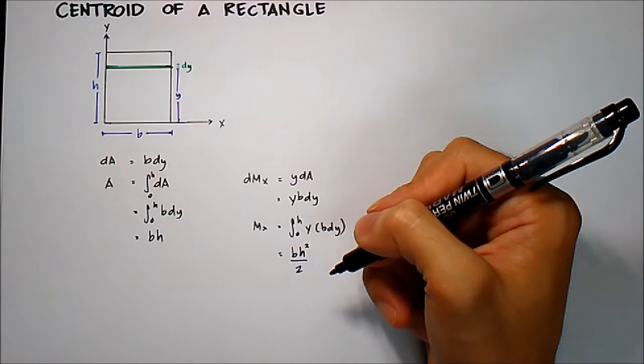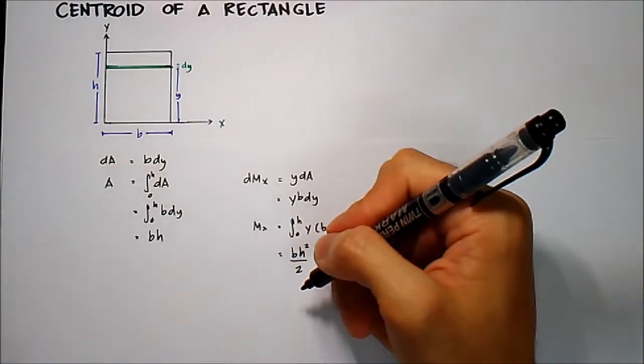The y-ordinate of the centroid of a rectangle is given as y bar equal to the first moment over the area.